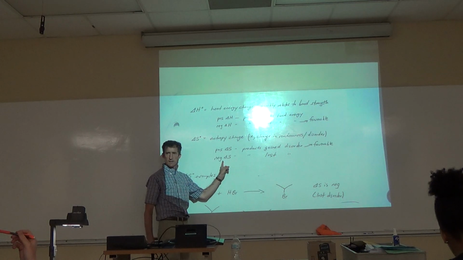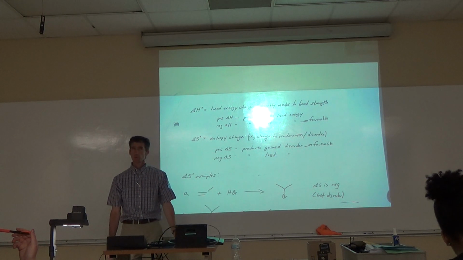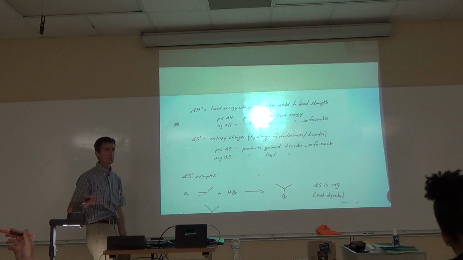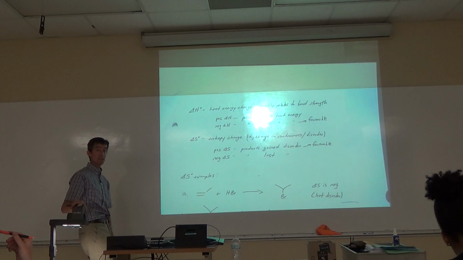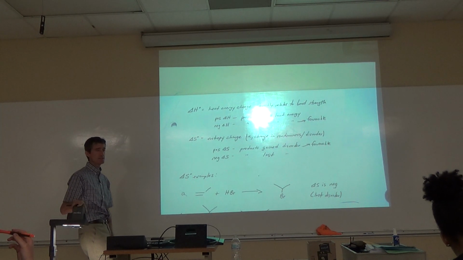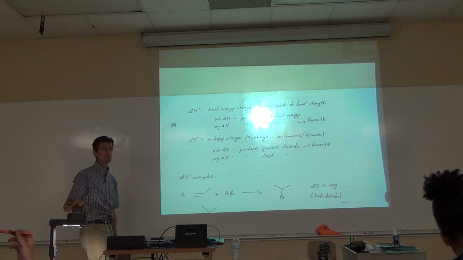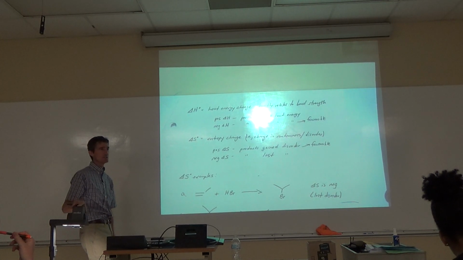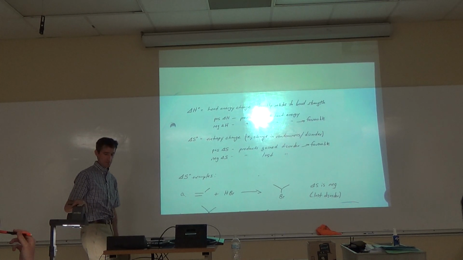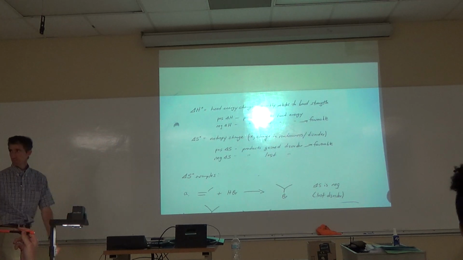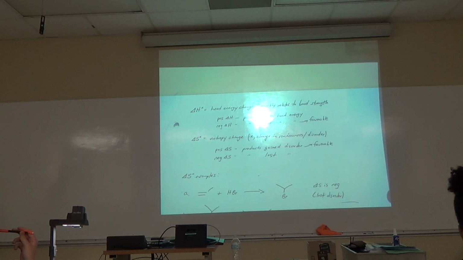A negative delta S, the system has lost disorder. That's actually a double negative. Losing disorder, that means you have gained order. Gaining order is not good. The system, the universe likes to become random. Just like if I dropped a glass coffee mug right here, it would love to shatter, right? This is our universe.